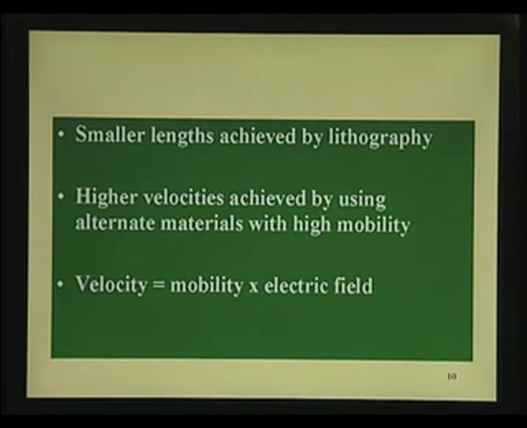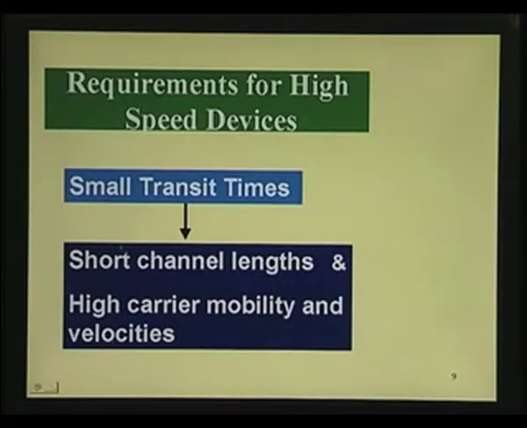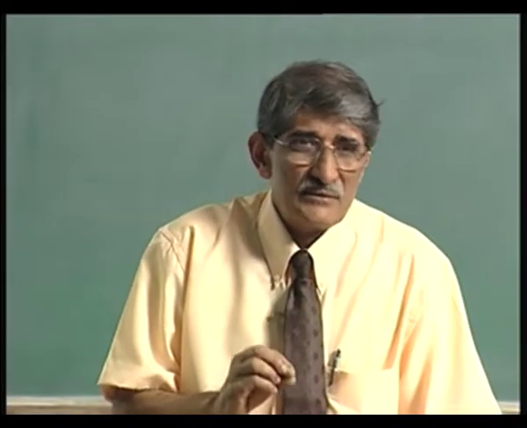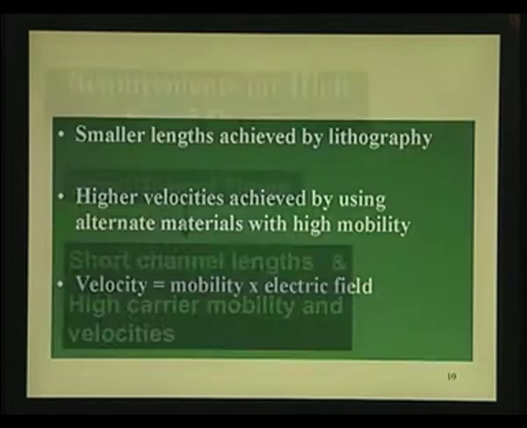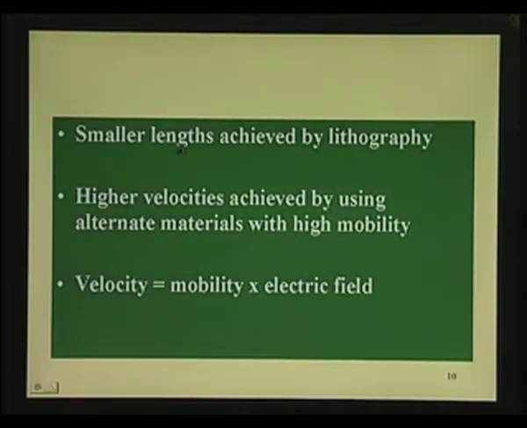These are the two things one has to remember throughout to get to higher speed: short channel lengths and mobility. How to achieve short channel lengths? The short channel lengths are achieved by lithography.